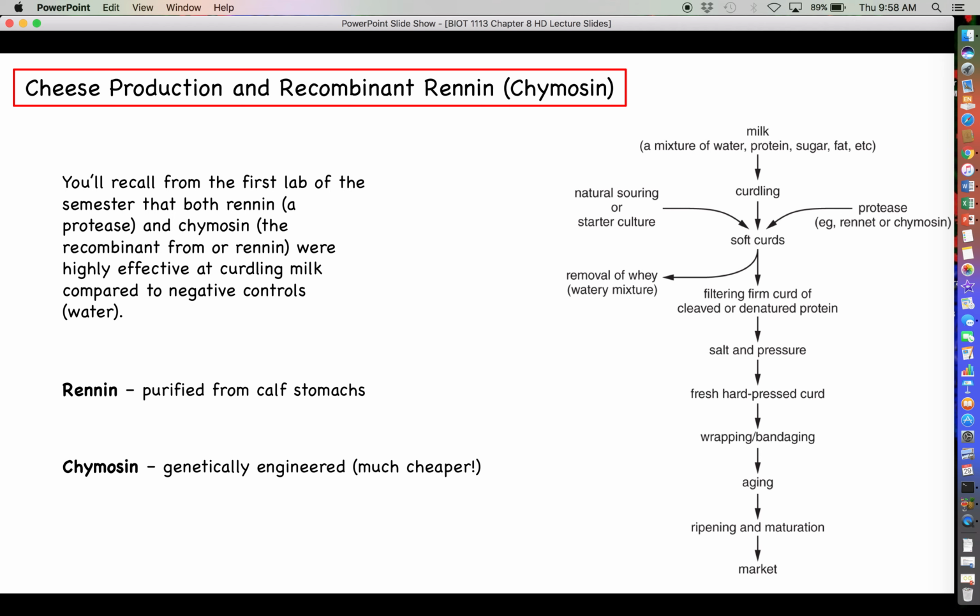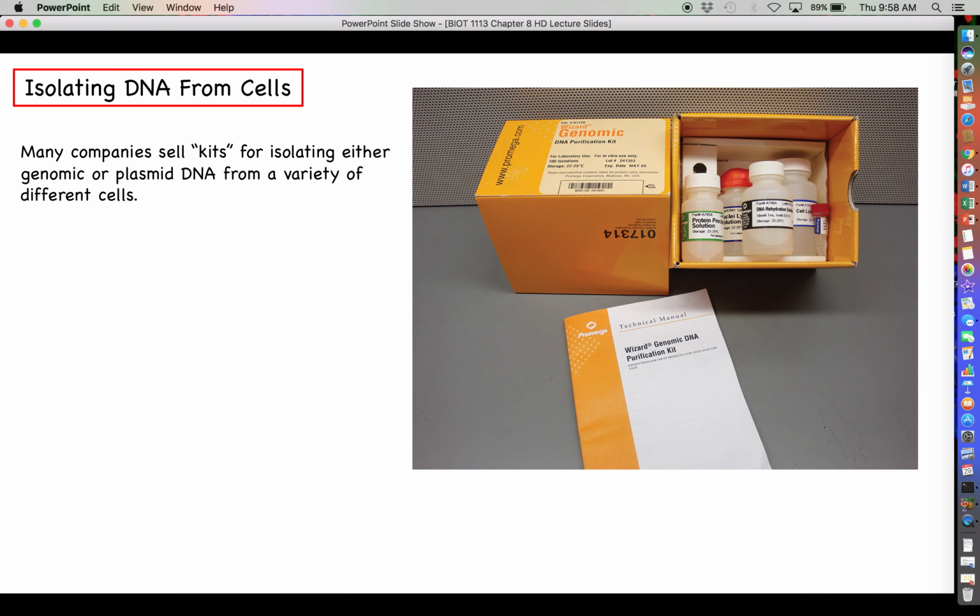So with chymosin, you genetically engineer it: you put the gene for Rennin or chymosin into a vector and you get bacteria to make a whole bunch of it for you. You can make a whole bunch of it very quickly and a lot cheaper than what you have to go through to get Rennin.